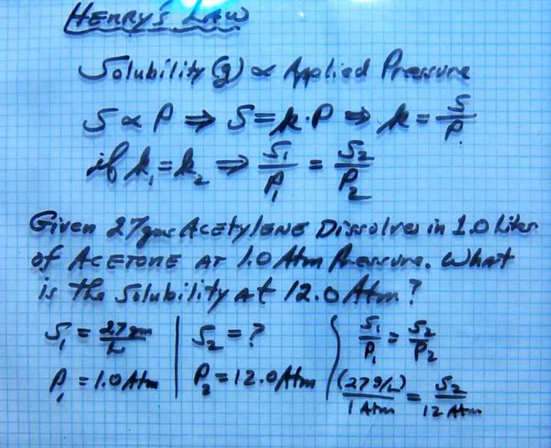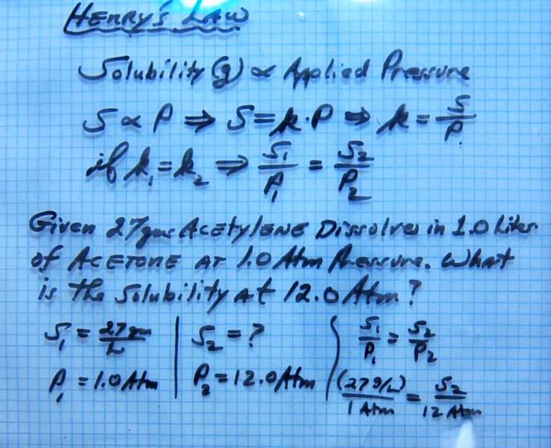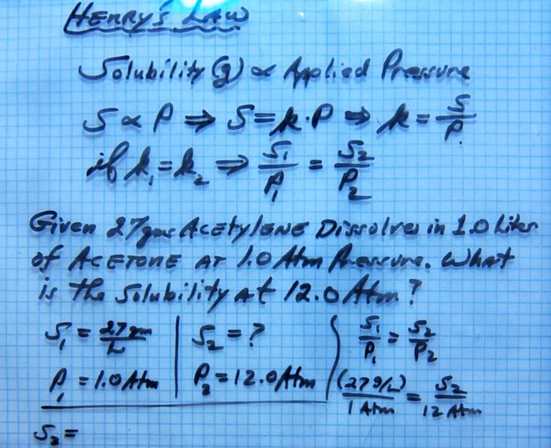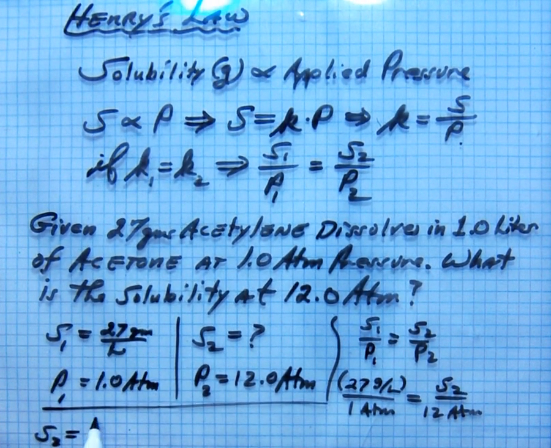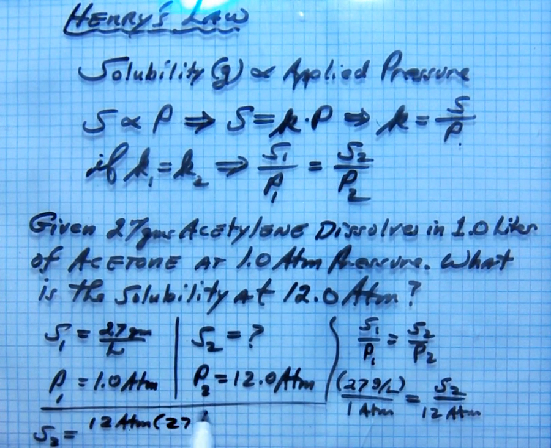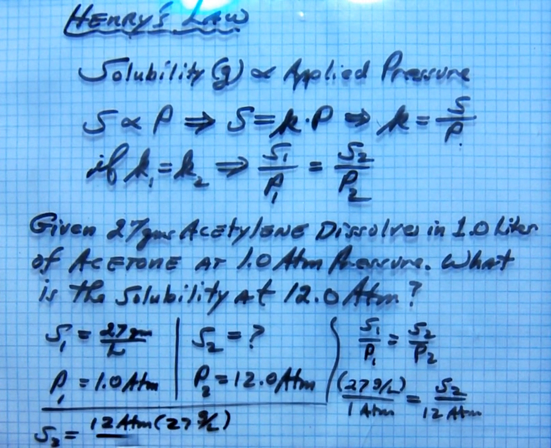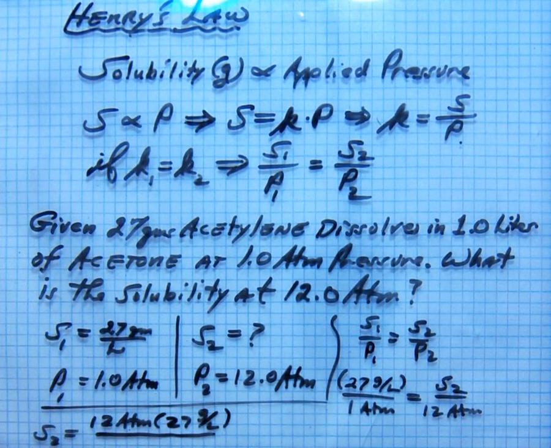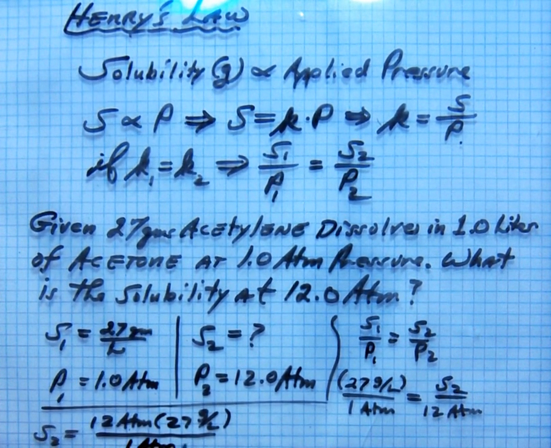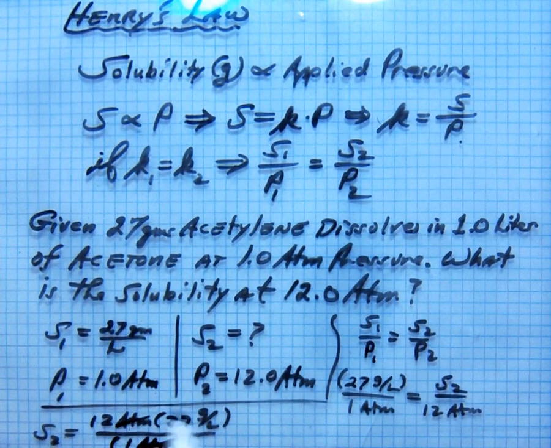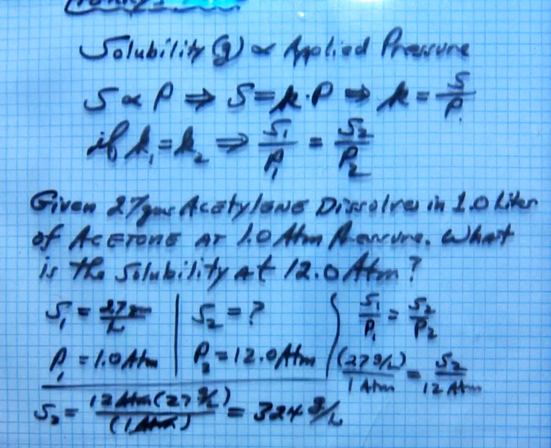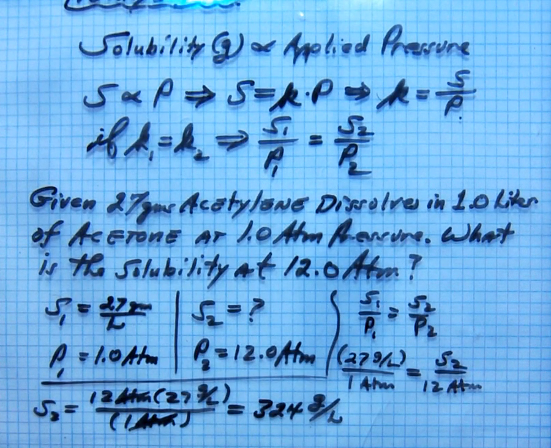That's a pretty straightforward idea. Solubility 2 is then 12 atmospheres times 27 grams per liter divided by 1 atmosphere. It's easy to see the atmospheres will drop out of this, giving 324 grams per liter.